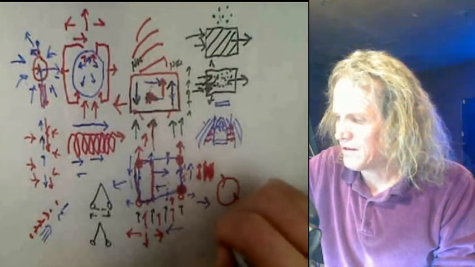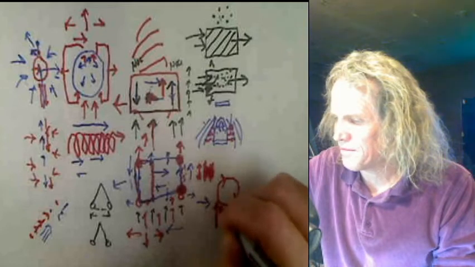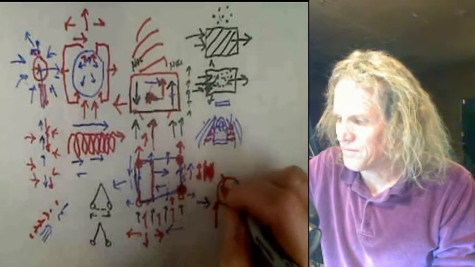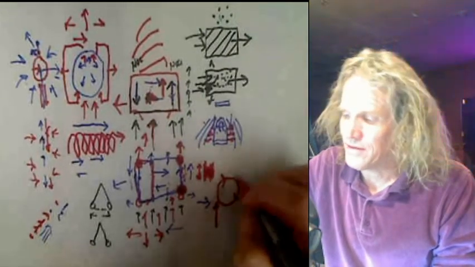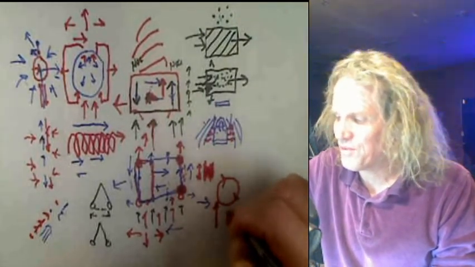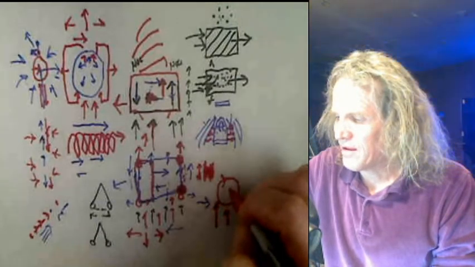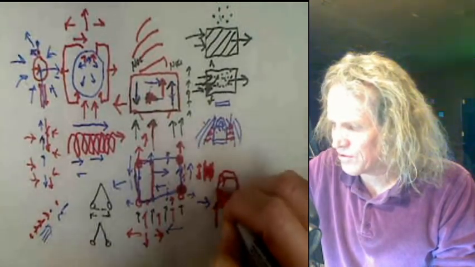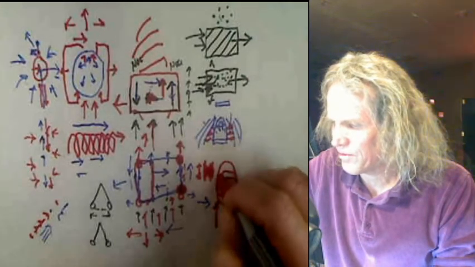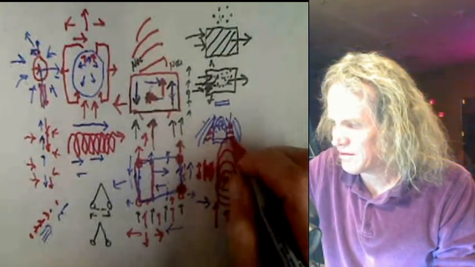Now if I hit the wheel with a bit of stuff in the right direction, or even in the wrong direction, it doesn't really matter where I hit it. The fact is, I will cause it to precess. I just won't make it spin faster. I'll make the wheel precess in its motion.